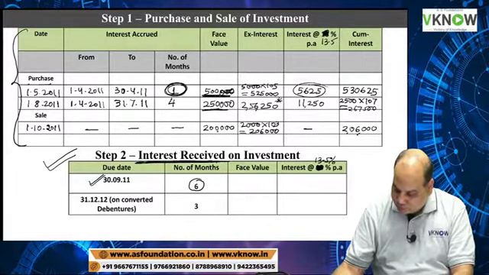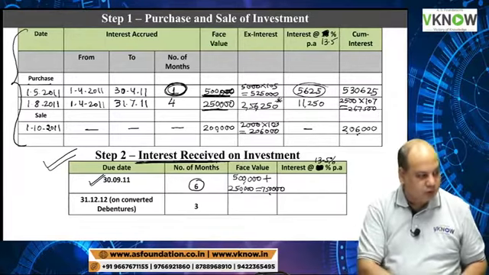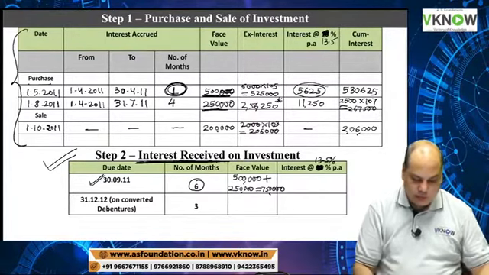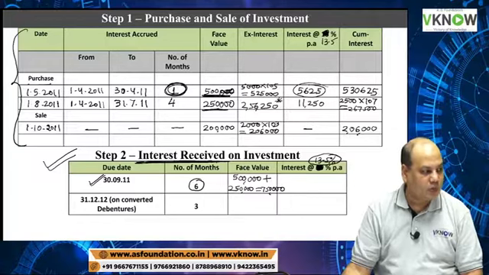So the investor is holding 7,50,000. So kindly tell me, on 7,50,000 at 13.5% for 6 months.